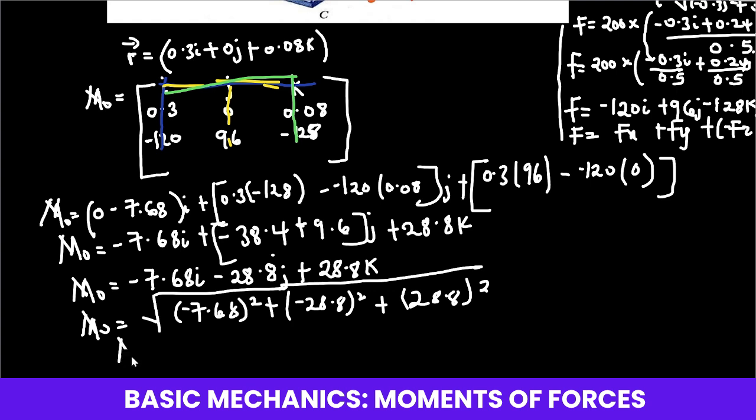So if you're supposed to find the magnitude, then the moment becomes 41.447 Newton meter. But in terms of vectors or component form, or in Cartesian form, that means you're supposed to leave it in this form. Don't forget your Newton meter over here.